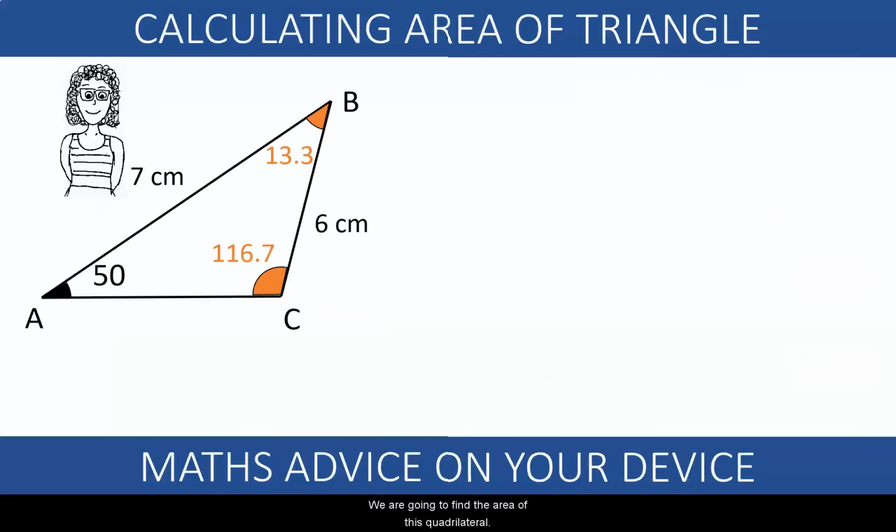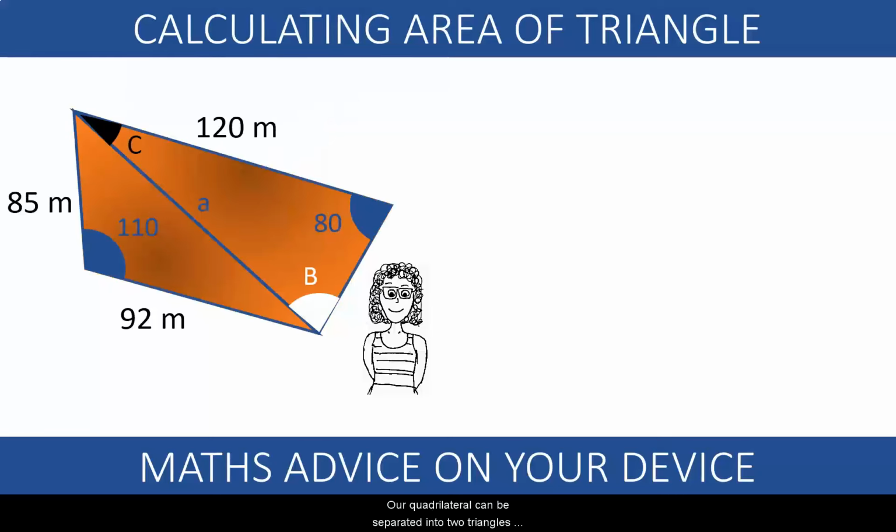We are going to find the area of this quadrilateral. Our quadrilateral can be separated into two triangles to make calculating the area easier. We need to calculate length A and angles B and C before attempting to calculate each area.